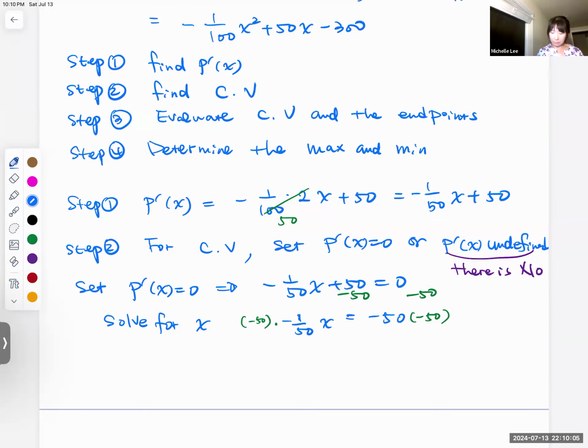So we have x equal to 2500, right? Okay, 2500. So let's take a look here.